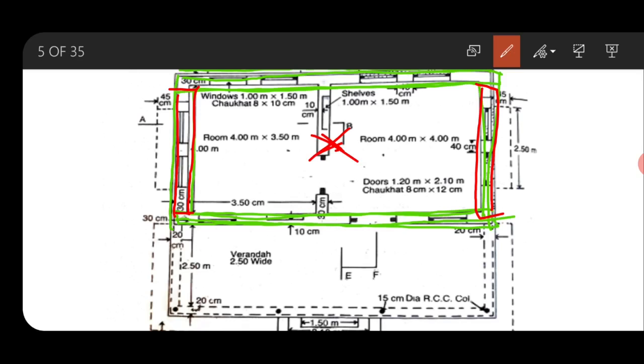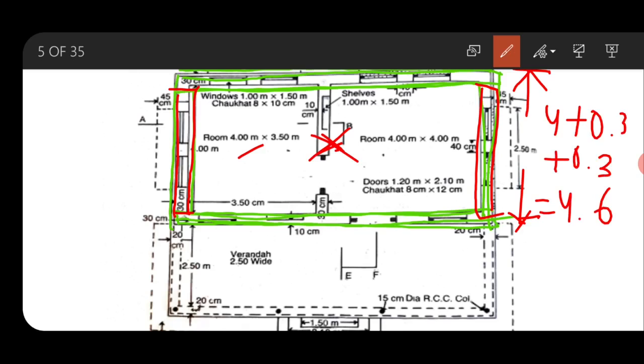So first we will move to the out to out dimension along this short wall. The out to out dimension will be equal to, this is the inside dimension 4, then plus 0.3 on both the sides. So the out to out dimension will be equal to 4.6.